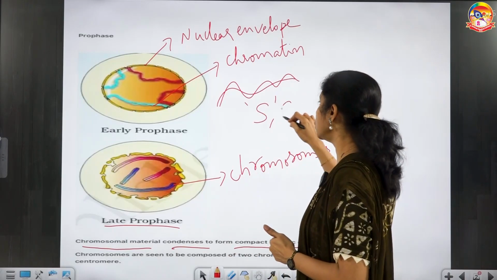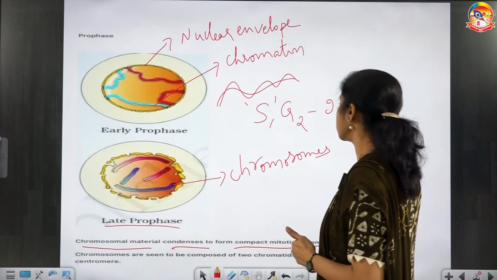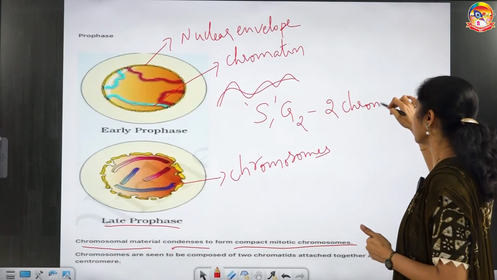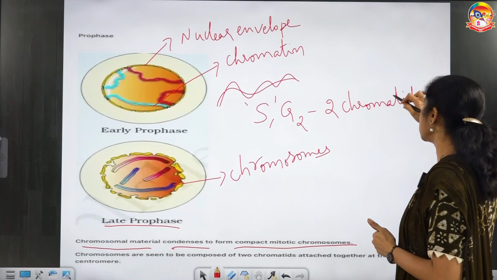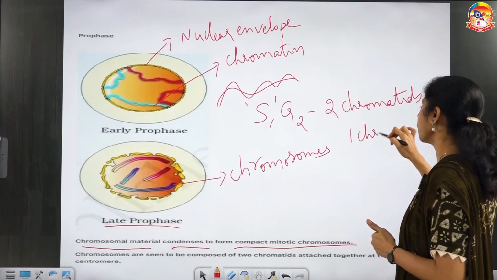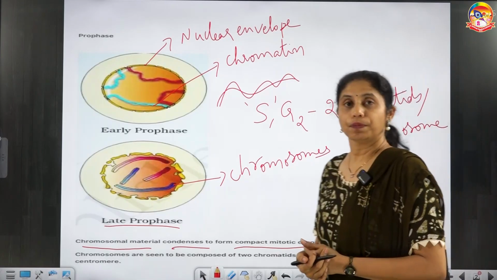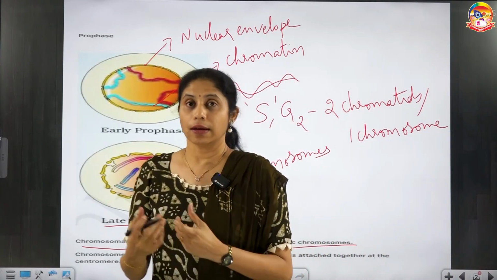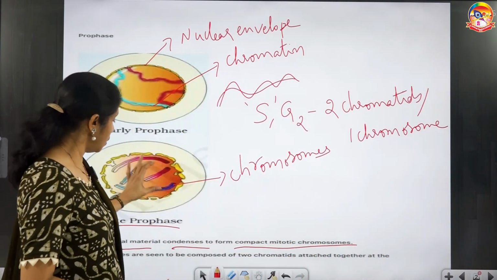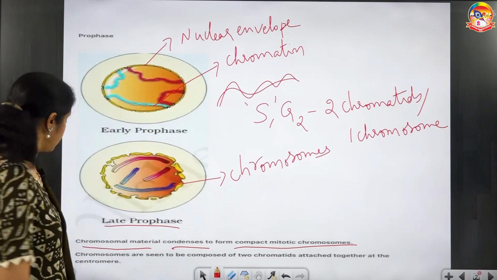In S and G2 phases, there are already two chromatids for each chromosome, connected at the centromere. But we cannot see that clearly because they are all intertwined.